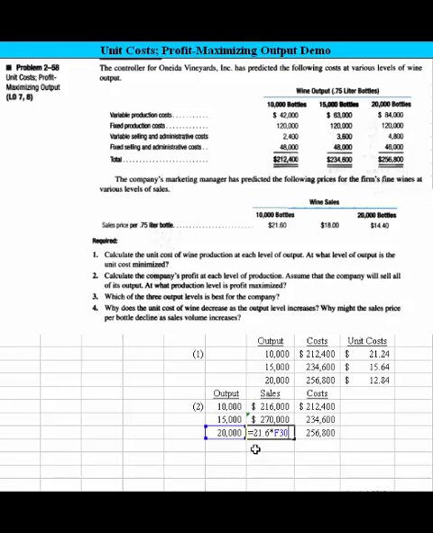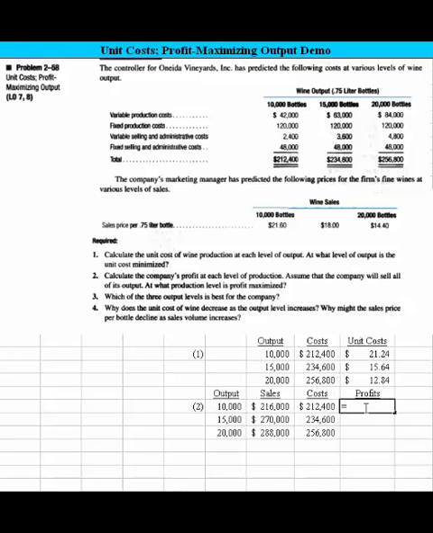And in the third case of the 20,000, the marketing manager says we can get $14.40 for it. Hit the F2, change that to $14.40, right? And that would equal what the sales would be. Therefore, we can compute the profits. And again, I'm just going to use my painter to format from here.